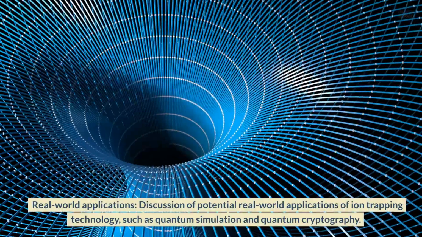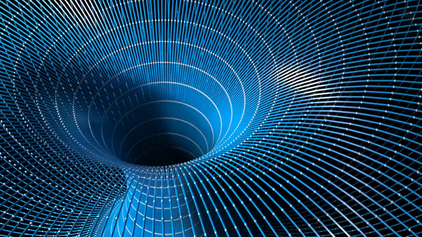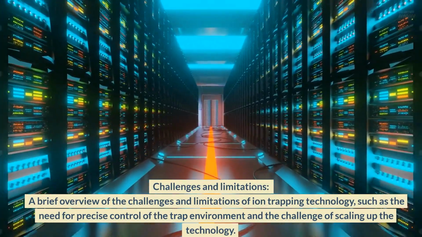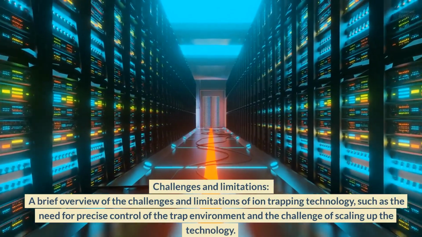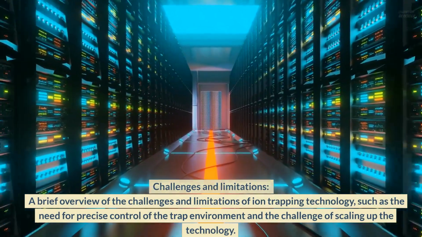Real-world applications: a discussion of potential real-world applications, such as quantum simulation and quantum cryptography. Challenges and limitations: a brief overview of the challenges and limitations of ion trapping technology, such as the need for precise control of the trap environment and the challenge of scaling up the technology.